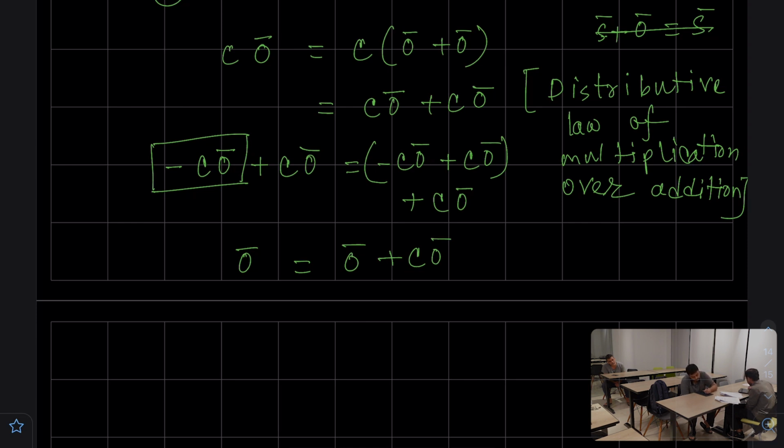But the right-hand side is simply, if you add a vector with a 0 vector, this is c 0 vector. That means c 0 vector is equal to 0 vector. This is the power of axioms, right?